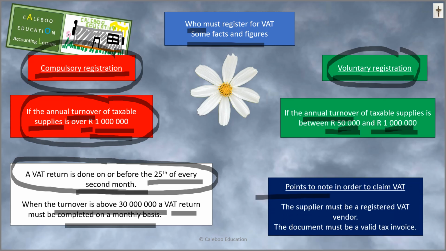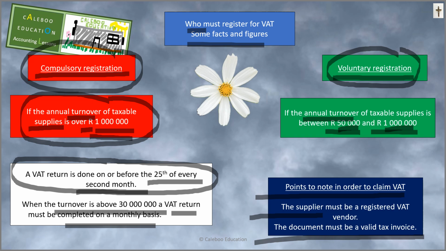Just points to note: if you want to be able to claim VAT, the person that is supplying to you must be a registered VAT vendor if you want to claim input VAT. More about what input VAT is to follow. And obviously the documentation must be correct.